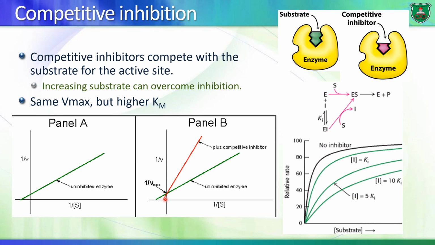So Km in the presence of a competitive inhibitor is 1. Km without inhibitor is going to be 0.1. So it's 10 times lower than in the presence of inhibitor, meaning that affinity is higher. So just plug in numbers and work them out. Vmax would be the same, but Km would be higher.